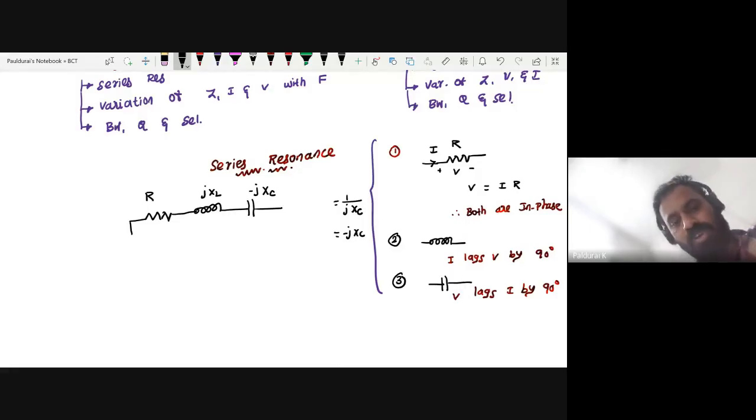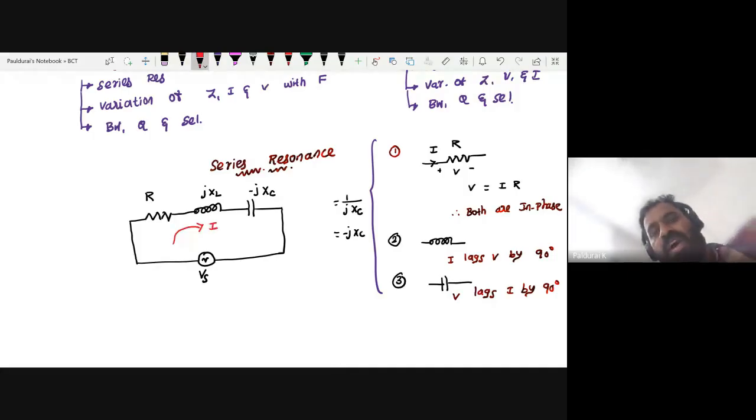Now I'm going to apply some voltage, take some source voltage Vs, and take this current I. What is the phase relation between this applied voltage Vs and this current? Both are in phase or out of phase? If you have only a resistor, they are in phase.